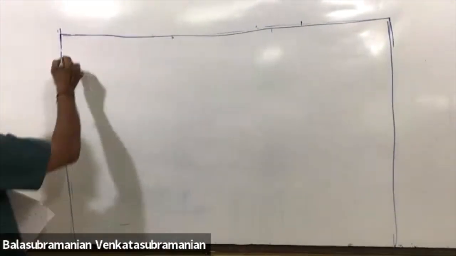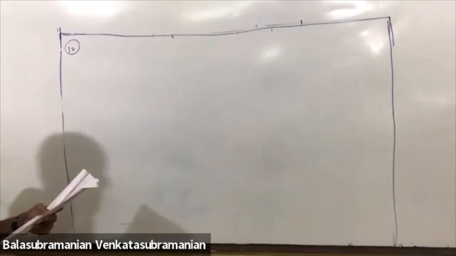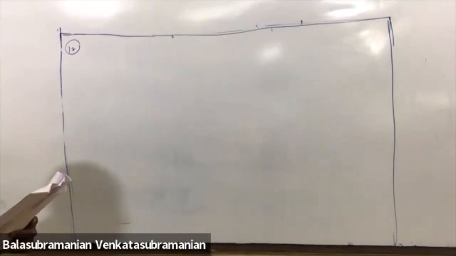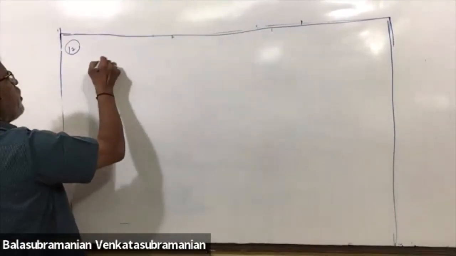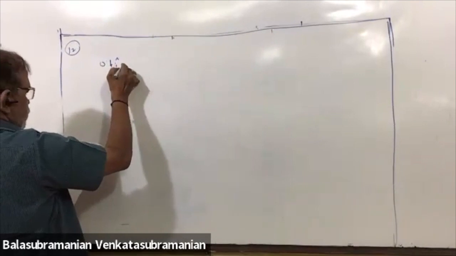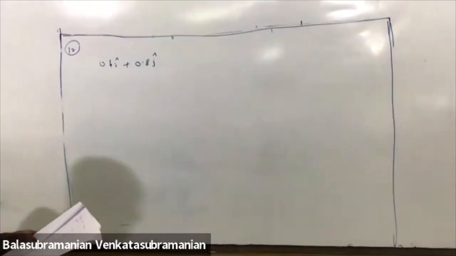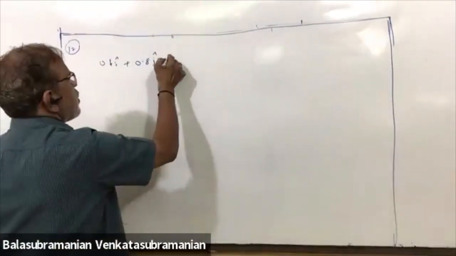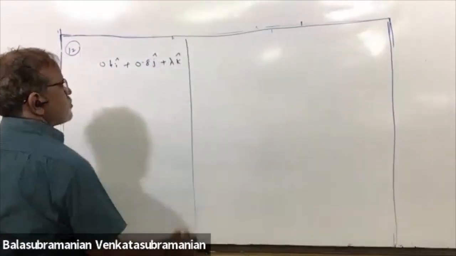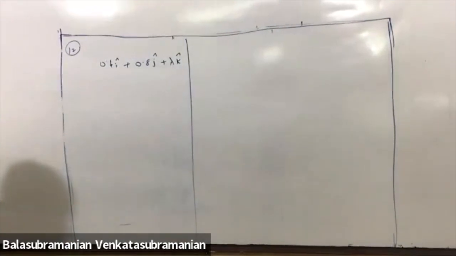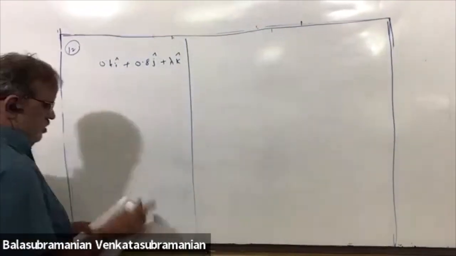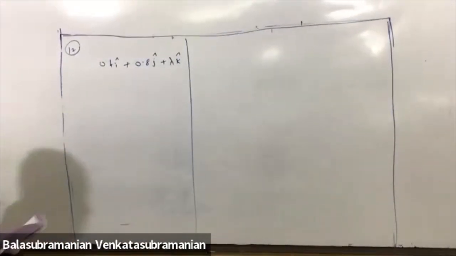12th one. Find the value of lambda, the unit vector, 0.4i plus 0.8j plus lambda k. Find the value of lambda, the unit vector.